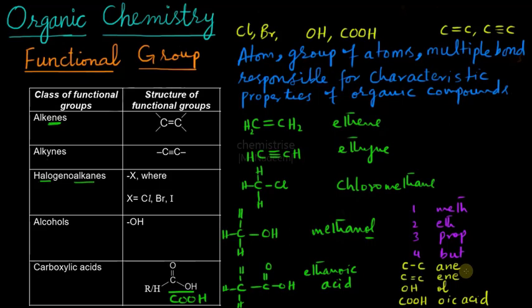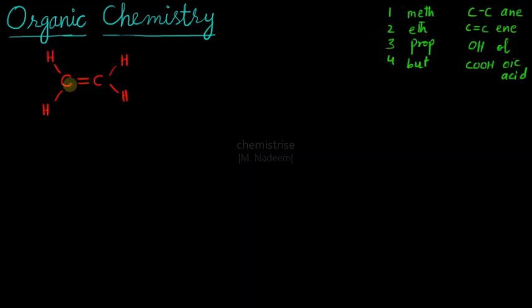Now let's practice drawing some structures. Let's look at this structure in which we have two carbons, and whenever we have two carbons, the name starts with eth, and since there is a double bond present, the name ends with ene. So the name of this compound is ethene. Now look at this compound.